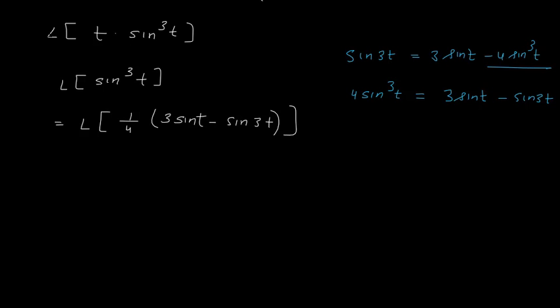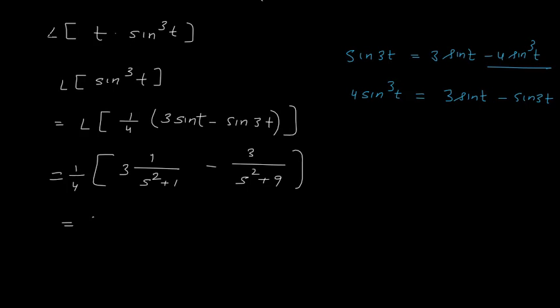Now I can find the Laplace. 1 by 4 I will take out. This will be 3 into Laplace of sine t, which is 1 upon s square plus 1, minus here it is 3 upon s square plus 3 square, that is 9. So this 3 also we can take out.